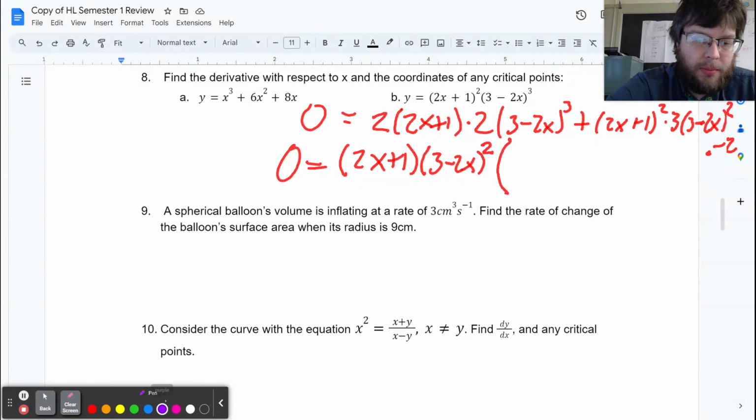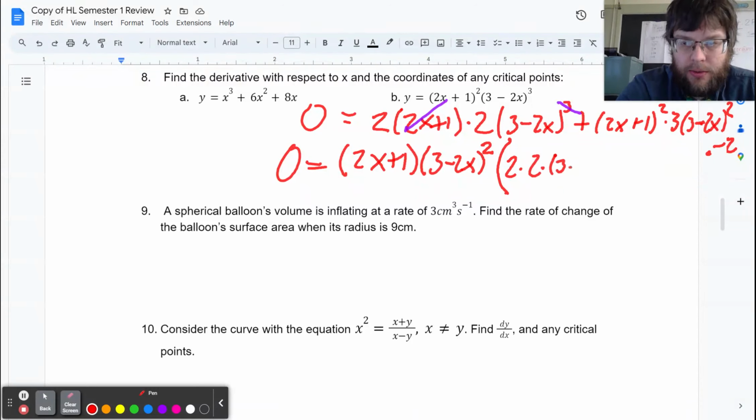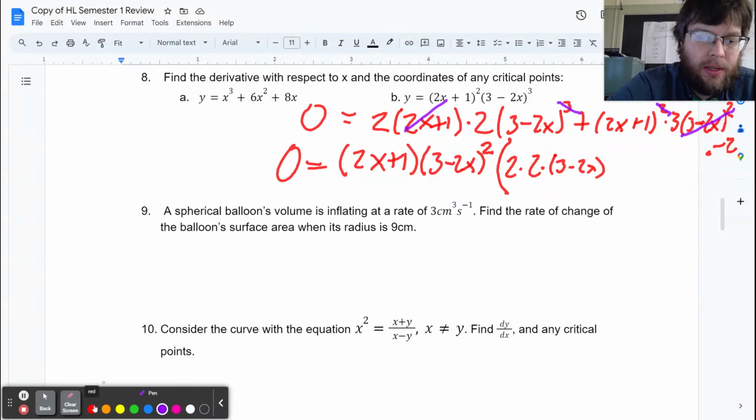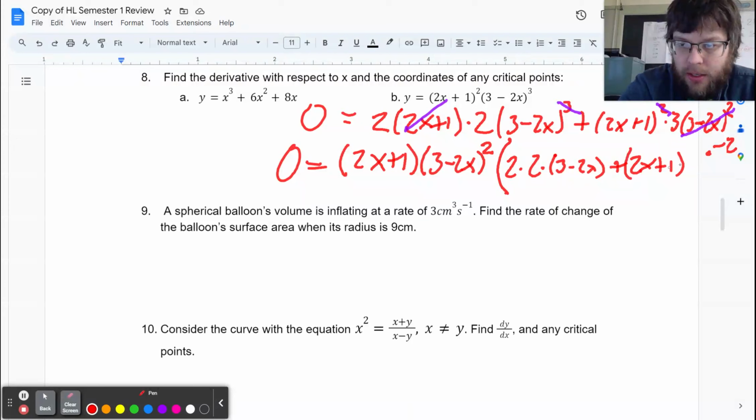Now the first term, if I pull out this factor and two of those factors, what I have left over is 2 times 2 times 3 minus 2x. And on the second term, if I pull out one of the 2x plus 1s and two of the 3 minus 2x's, then I have plus 2x plus 1 times 3 times negative 2.